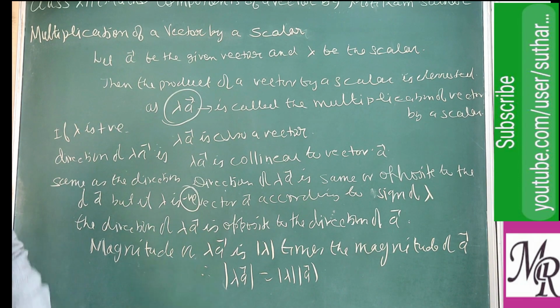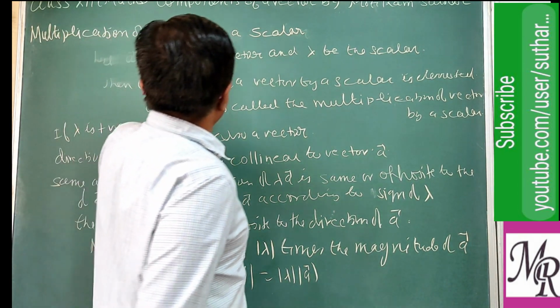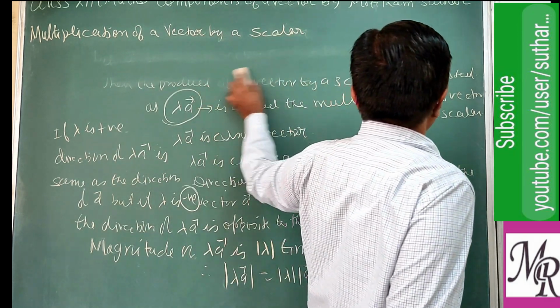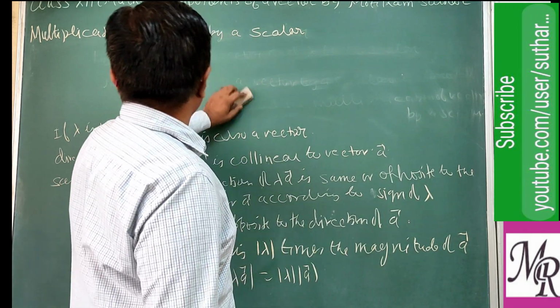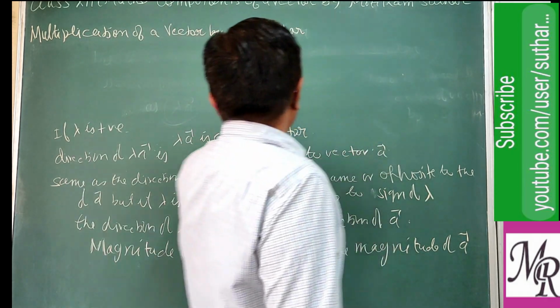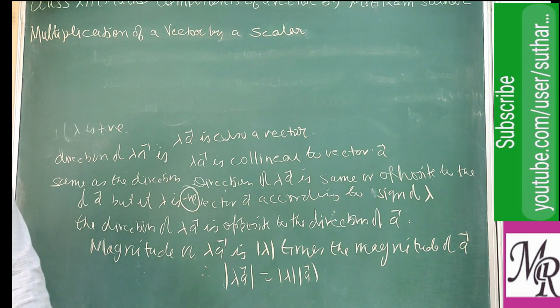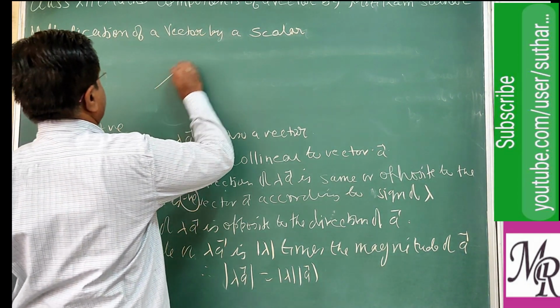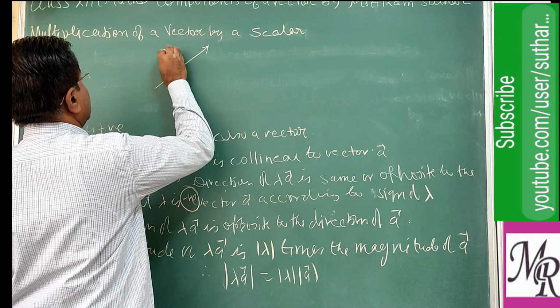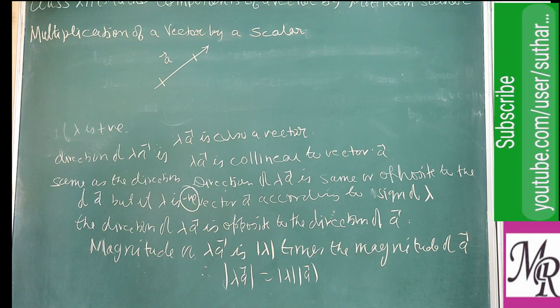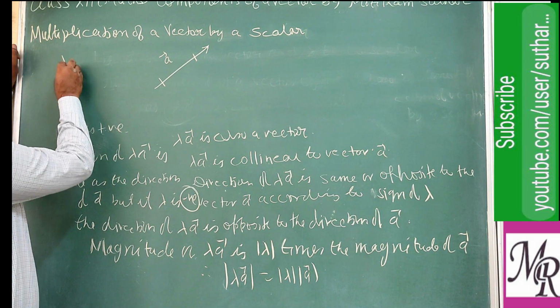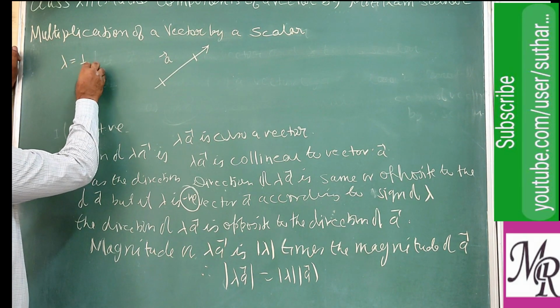Now similarly, the geometrical visualization of multiplication of a vector by a scalar. Suppose we are given a vector A. This is the vector A. Now suppose you multiply this by 1 by 2, lambda equal to 1 by 2.